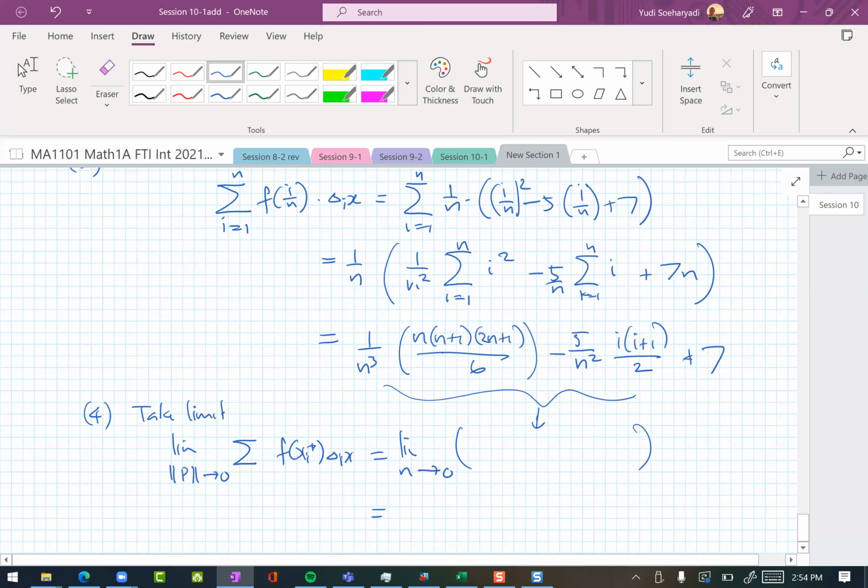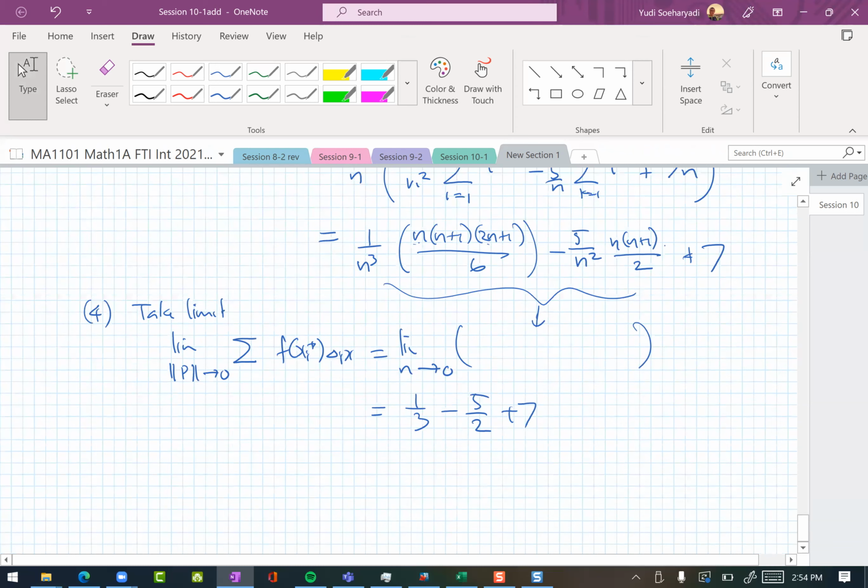This n cube, so this is 1/6. Oh, sorry. This n cube here and 2n cube. So that's 1/3 from here. From here you get this should be n. That's where 5/2. Okay. Okay. So then that's the value of the integral.